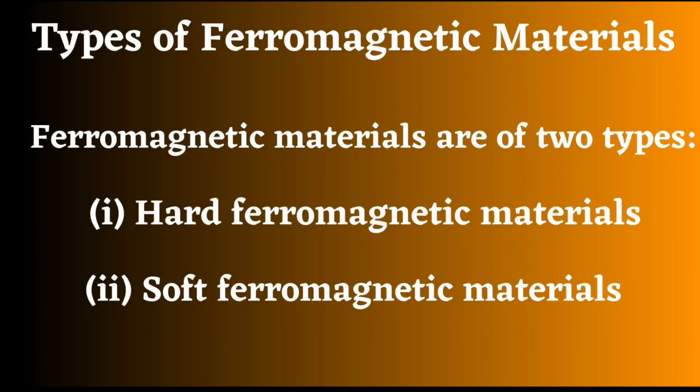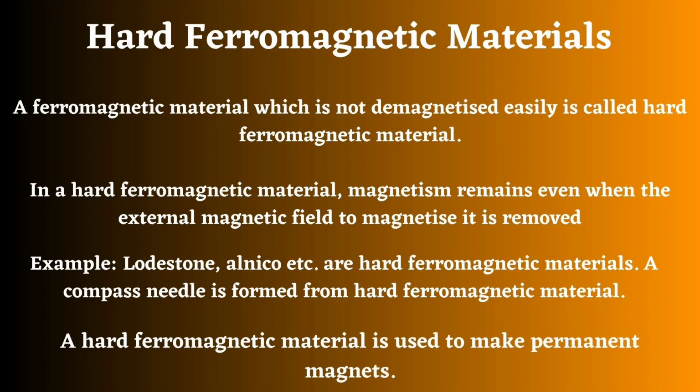Also, ferromagnetic materials are further categorized into two types. The first one is hard ferromagnetic material and the second one is soft ferromagnetic material. Hard ferromagnetic materials are those which are not magnetized easily.